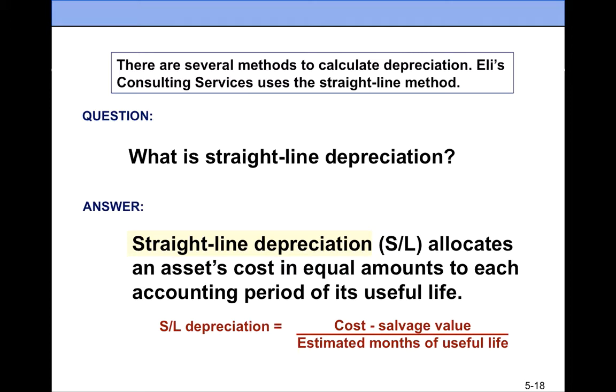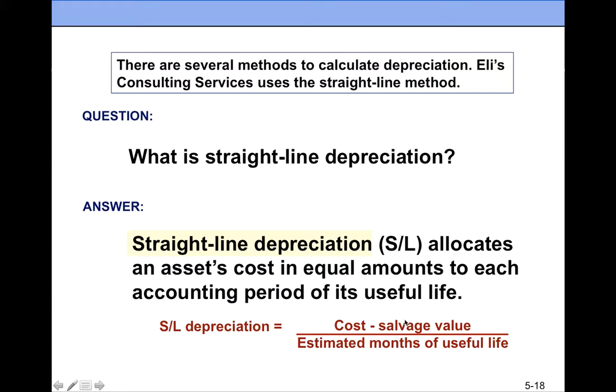And guys, let's say I bought it for 20,000 and the salvage value after 10 years will be 5,000. So the difference is 15,000 and you divide it by estimated months. So if I'm going to use it for 10 years, I would divide it by 120 months, right? There's 12 months per year. So if it's 10 years, I will divide it by 120 months.